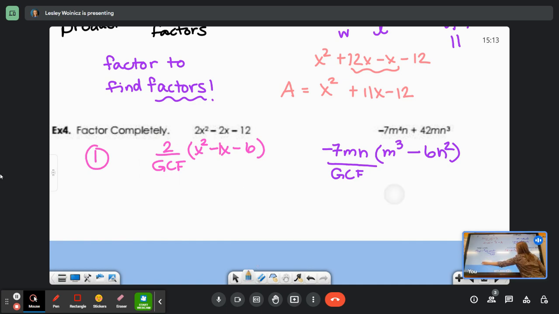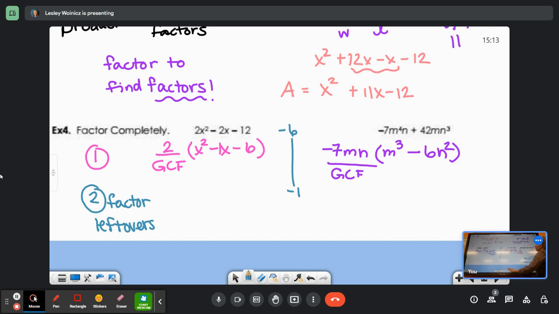So our next step is to use our today stuff and factor the trinomial, the leftovers. Factor leftovers. Okay, so we want the factors of -6 that sum to -1. Yeah, 2 and -3, good. Okay, so I still have to keep my GCF out in front.